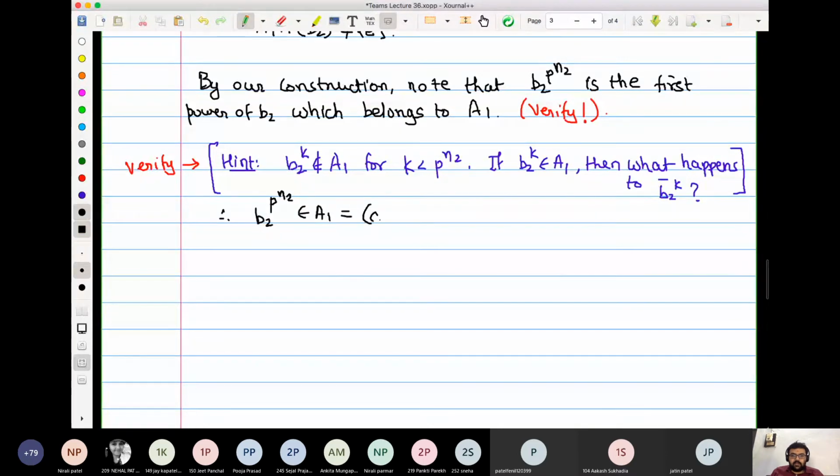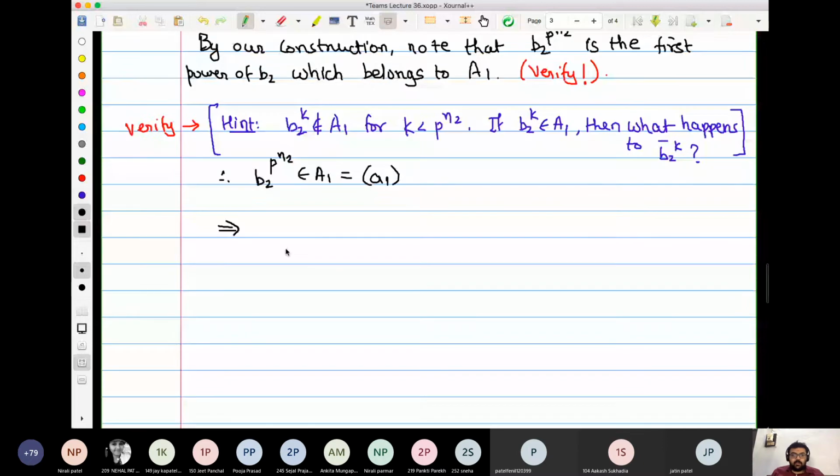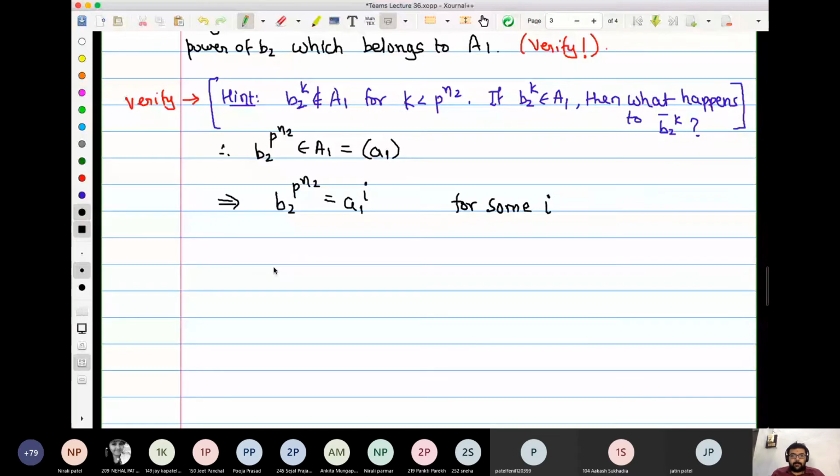But what is A1? A1 is nothing but the cyclic group generated by A1. So this implies that B2 power P power N2 equals A1 power I, because elements here are powers of A1. So it is a power of B2 and it is also some power of A1, for some I. Right?